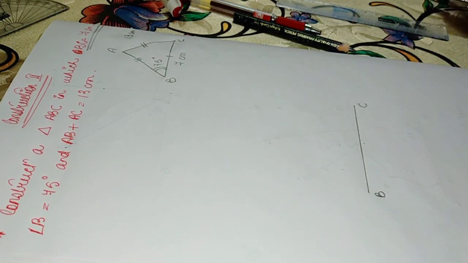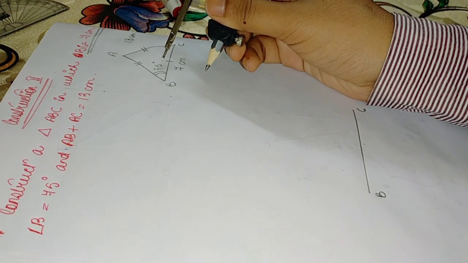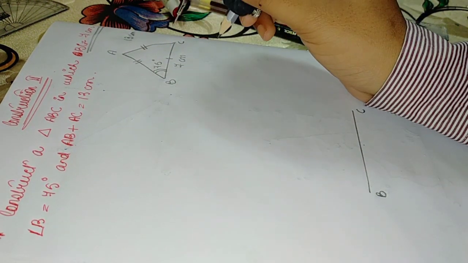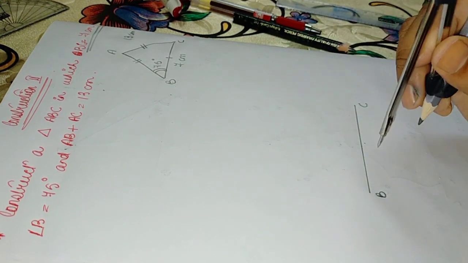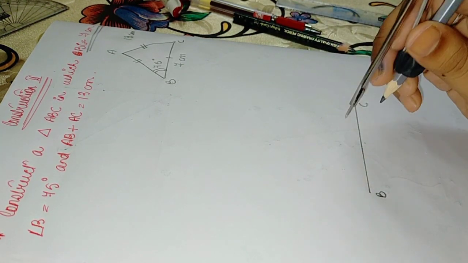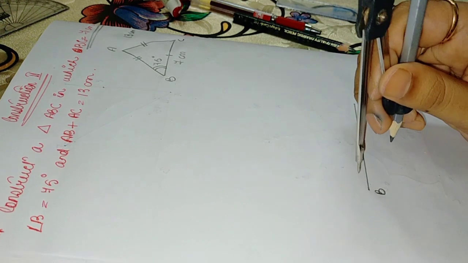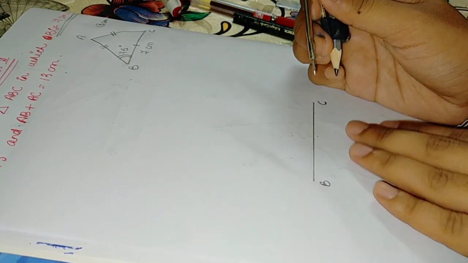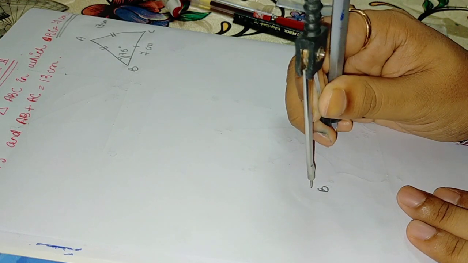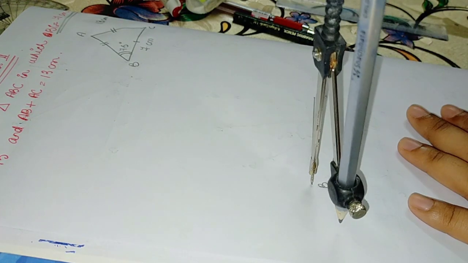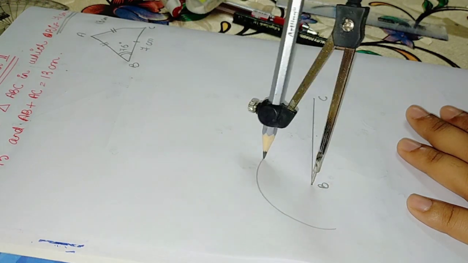Now a 75 degree angle at B, that means at B I am going to draw a 75 degree angle. In my previous video I showed you how to draw it, so I will try to draw a 75 degree angle.